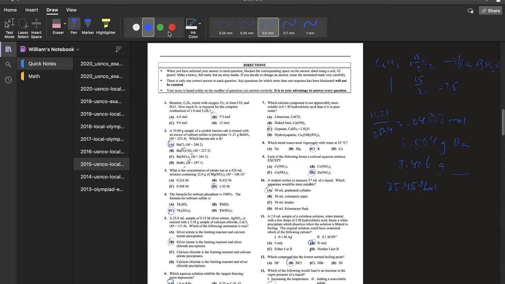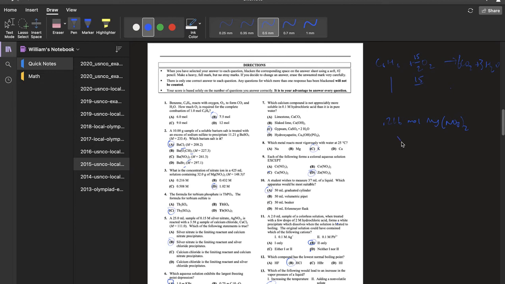So number 3, what is the concentration of nitrate in that volume of a solution with that much stuff? So here, kind of the same thing as last problem, pretty much. So we're just doing 32 divided by 148.3, and then that gets us 0.216 moles of Mg(NO3)2.